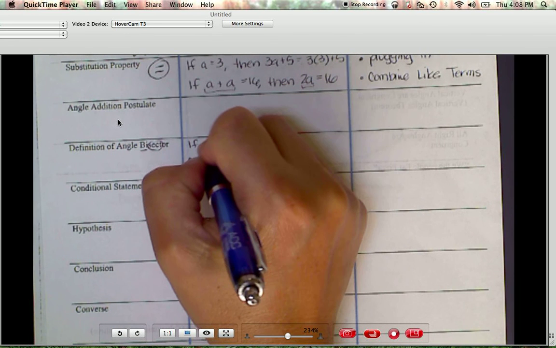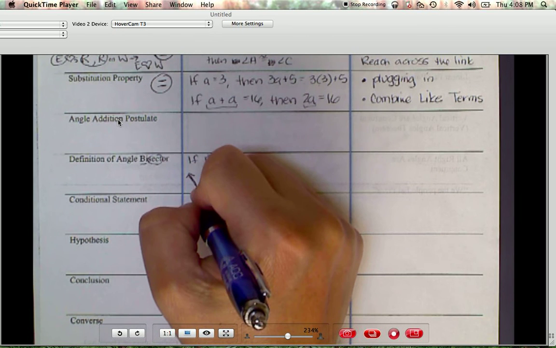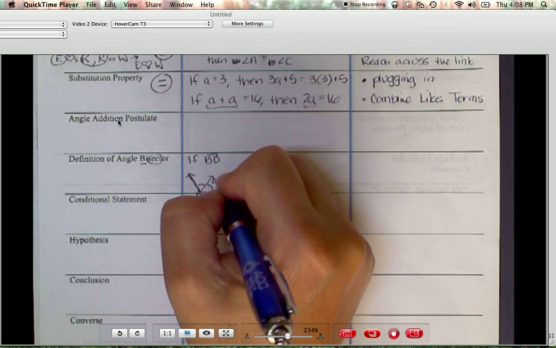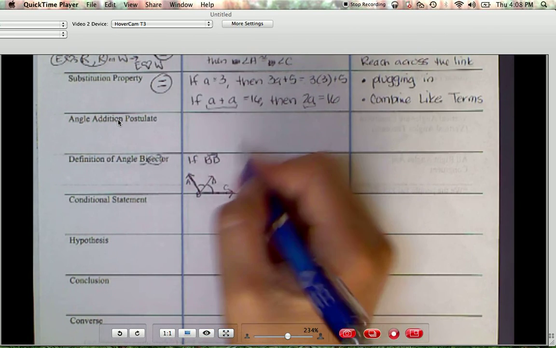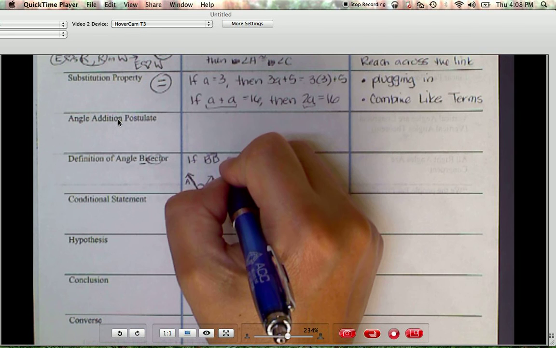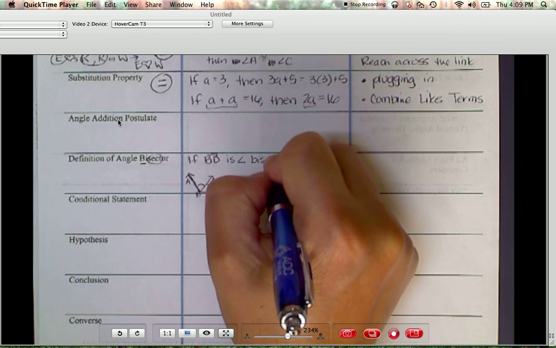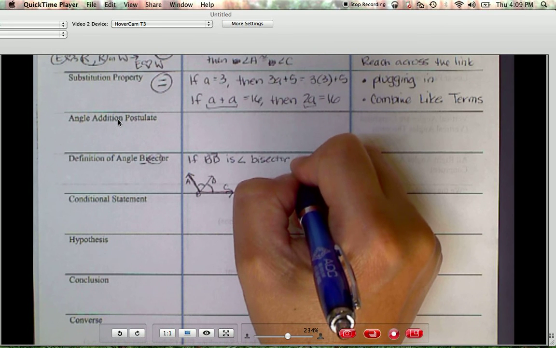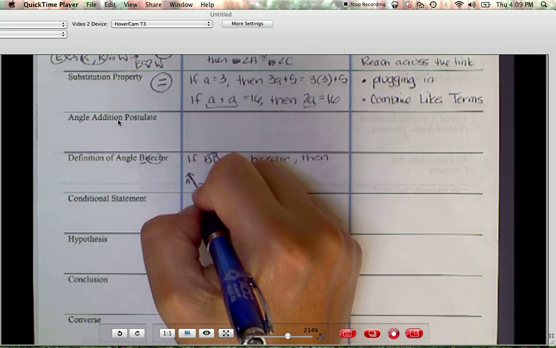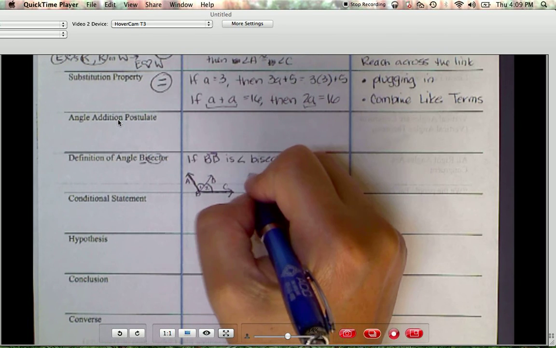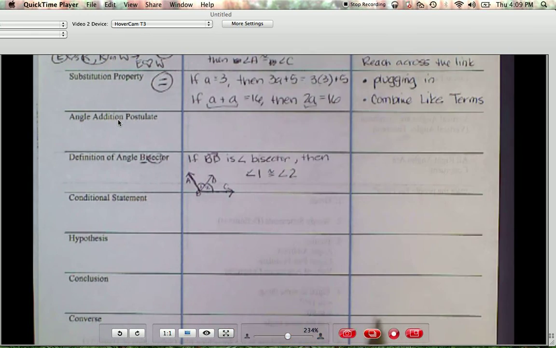So this is what the statement might say. This is angle A, B, C, and there's ray BD. If ray BD is the angle bisector, then angle 1 is congruent to angle 2.